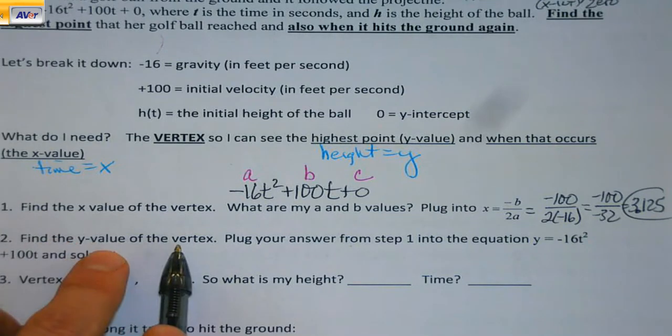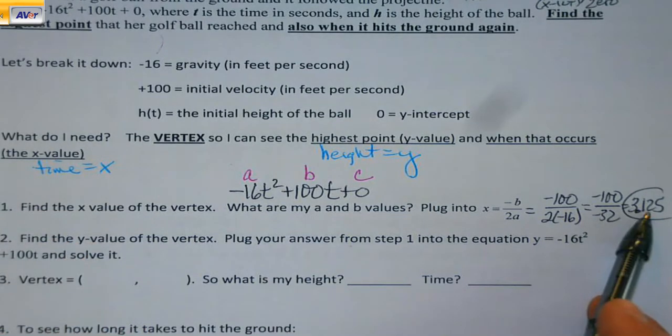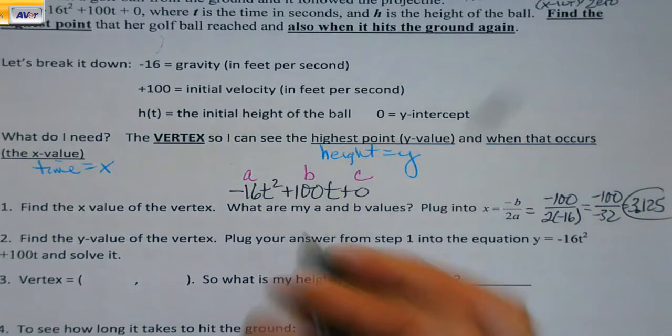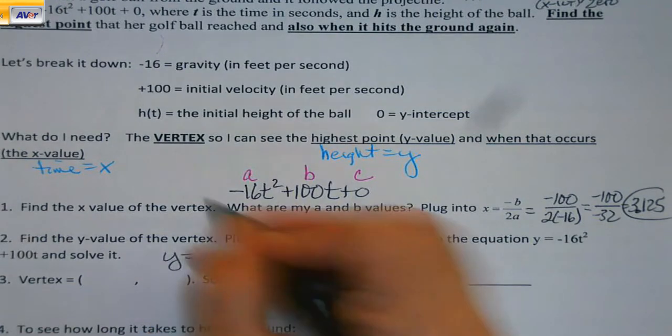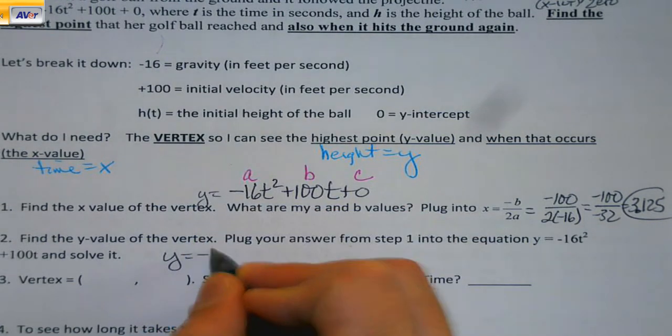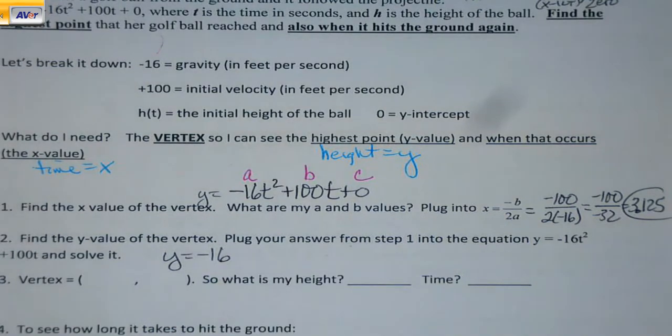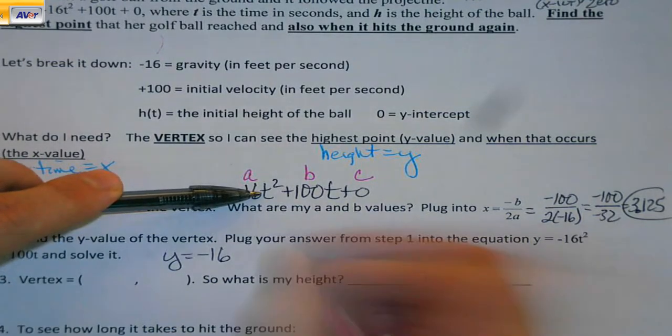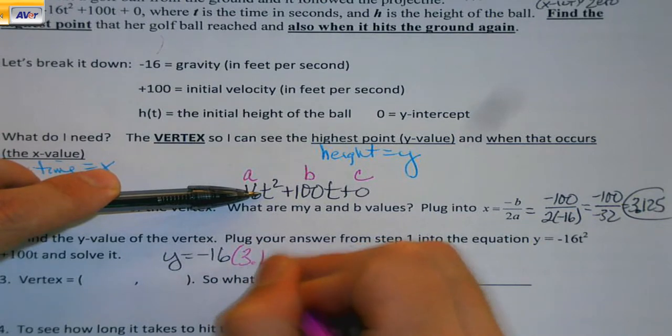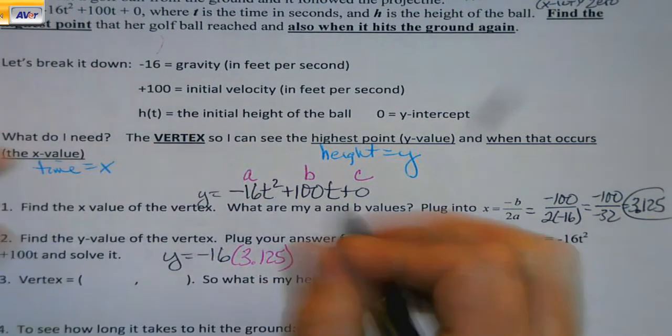Y value of the vertex. Plug your answer from step 1 into the equation and solve it. Y equals negative 16, and when you get to the variable, we replace it with the 3.125. So we definitely want to use the calculator here.